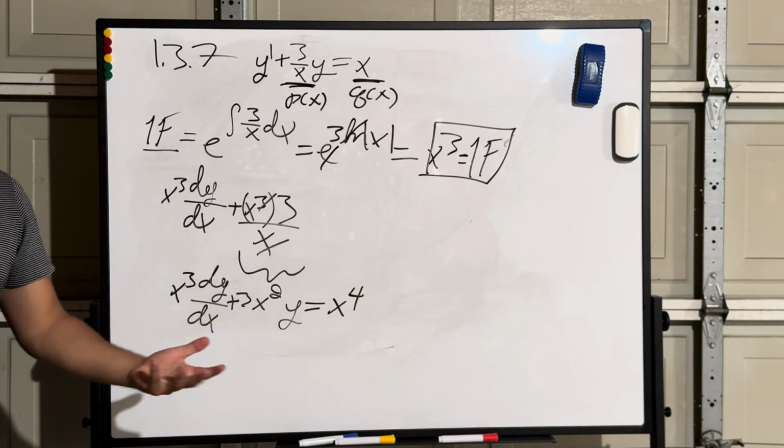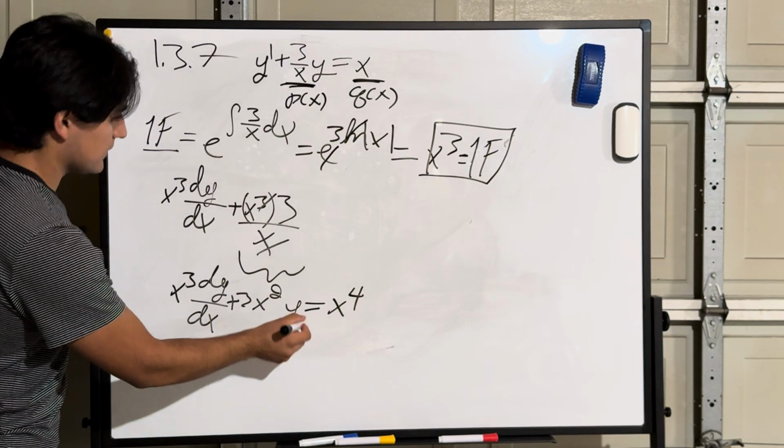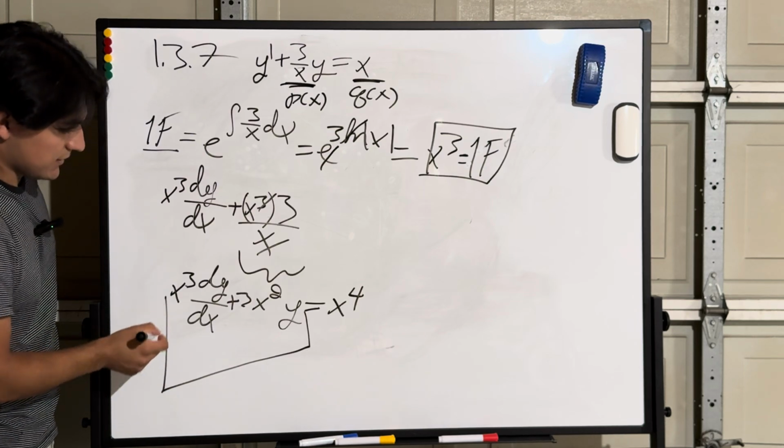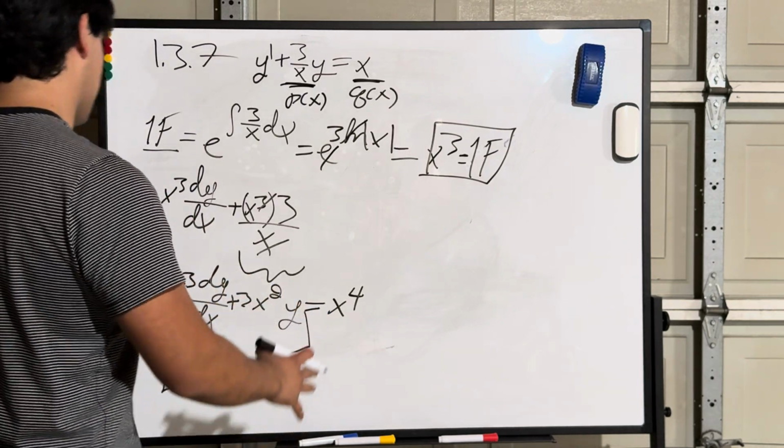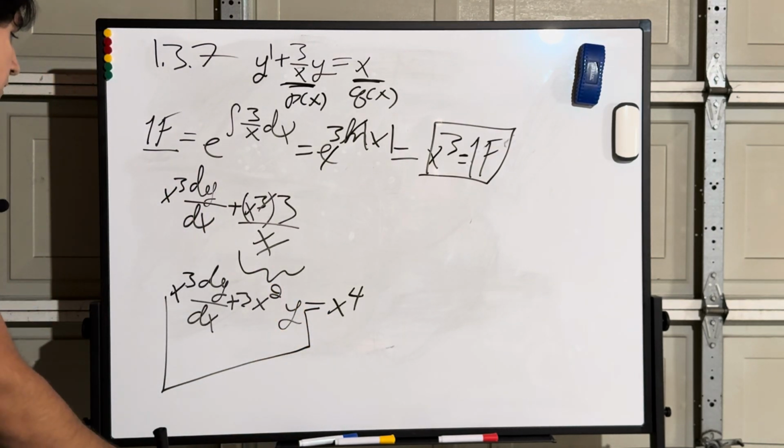And so now what we want to do is find an equivalent to the left side of the equation, just to be able to integrate the right without having all these complex terms.